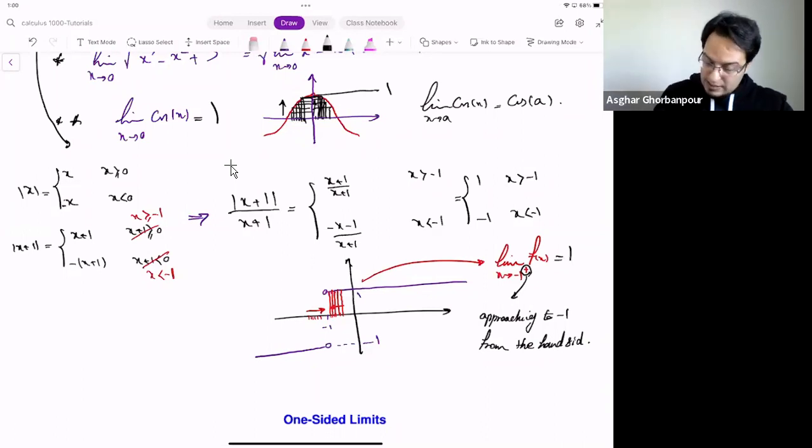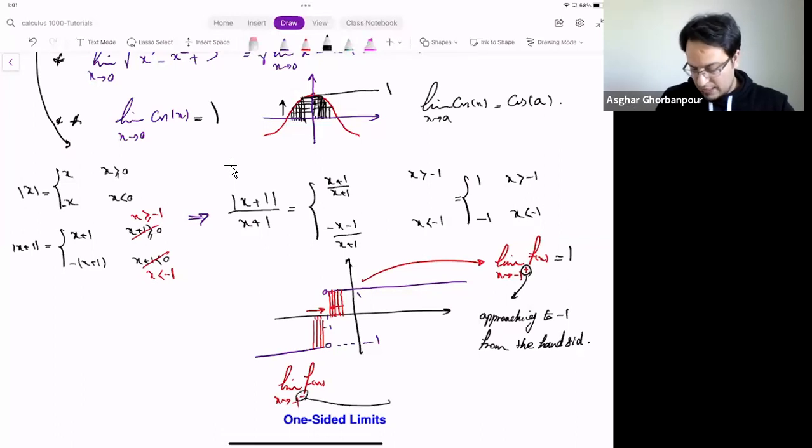But if I use the values of x which are less than -1, and I get closer to -1, I notice that all these values are -1. In other words, this is the limit of the function as x approaches -1 from the left-hand side.